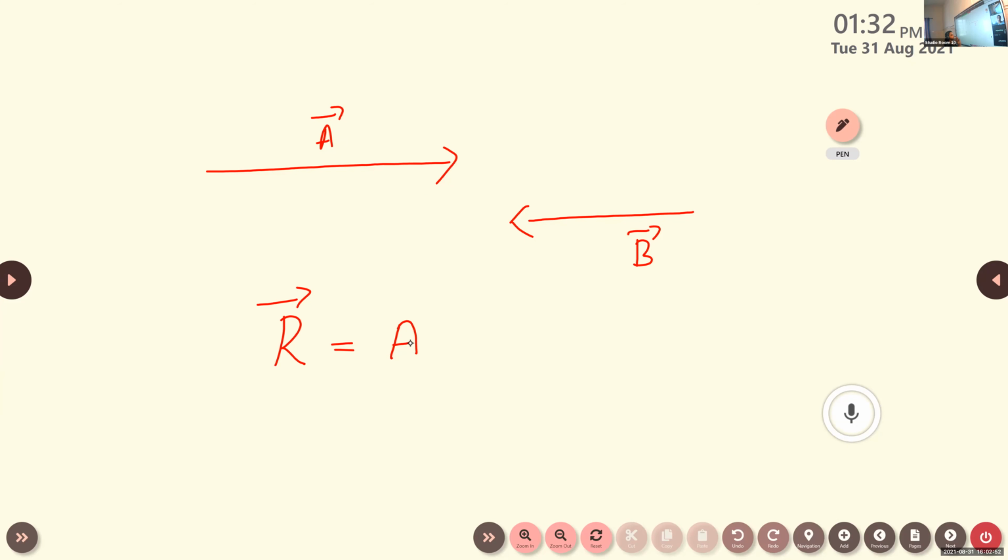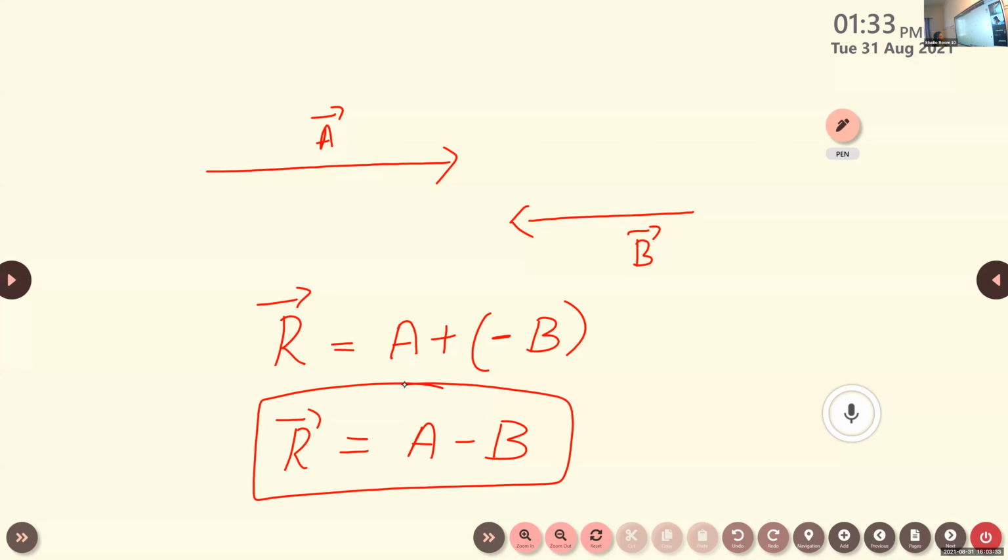The magnitude of the first vector is taken as A and the magnitude of the second vector is taken as B. So the difference in magnitude of the two vectors means A minus B. Or instead of writing this, we can add it by taking the negative of the magnitude of the second vector: A plus minus B. So in effect, it becomes vector R is equal to A minus B. This is the equation for calculating the resultant vector if the two vectors are acting along opposite direction. Resultant vector R is equal to A minus B.